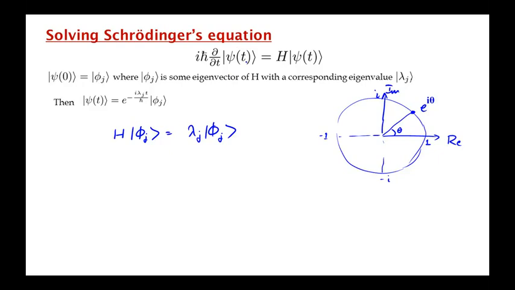And so what this implies is that at every time the state is still going to point in the direction of φ_j. The only question is, what's the amplitude? So this implies that if you start with ψ(0) equal to the eigenstate φ_j, then ψ at time t must look like some constant a(t) times φ_j.